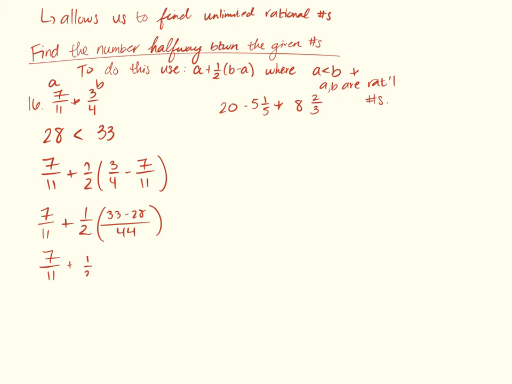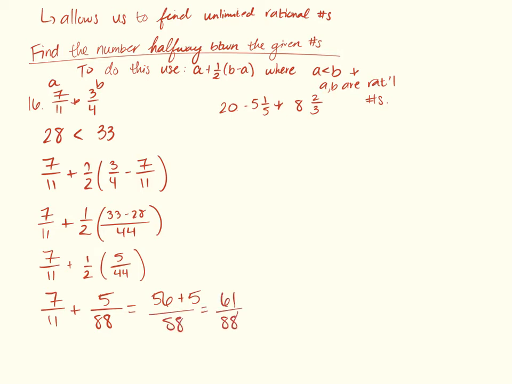So 7/11 plus 1/2 times, I think that's 5 over 44. So this is 7 over 11 plus 5 over 88. Before I add my fractions, I've got to get a common denominator of 88. So this is 56 plus 5 over 88. So this is 61 over 88.